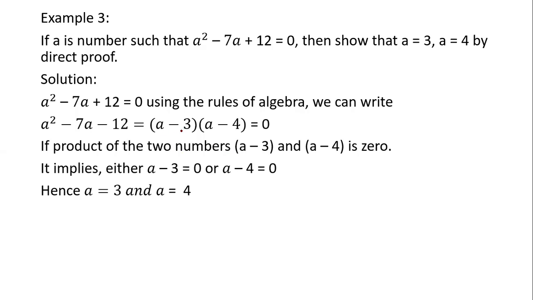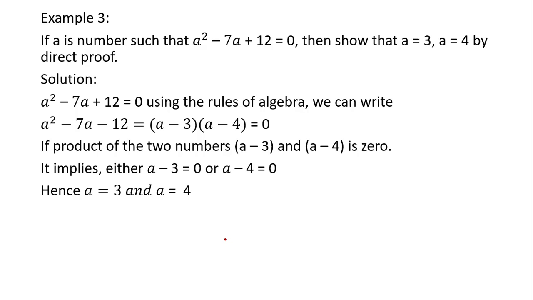So if a minus 3 times a minus 4 equal to 0, it means either a minus 3 equal to 0 or a minus 4 is also equal to 0. When a minus 3 equal to 0, you solve it and get a equal to 3. And when a minus 4 is equal to 0, you get a equal to 4. Hence, a equal to 3 and a equal to 4 are the roots of a squared minus 7a plus 12.